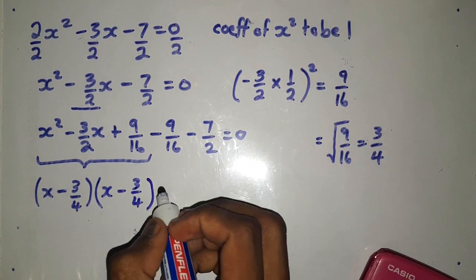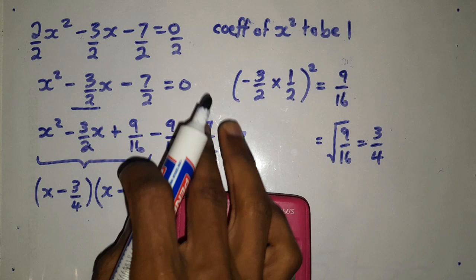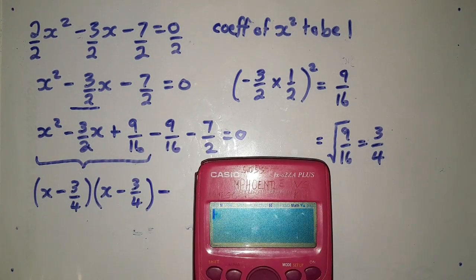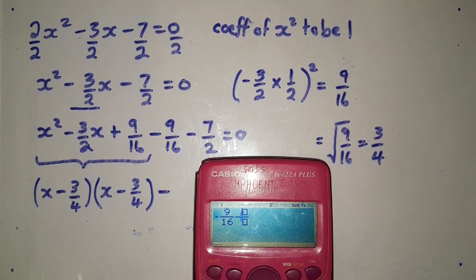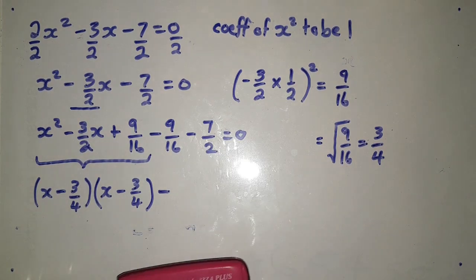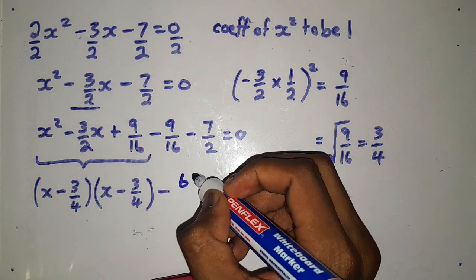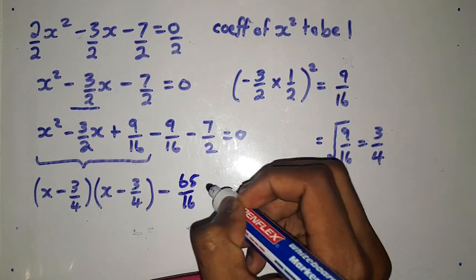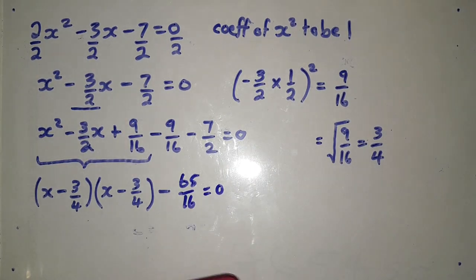You close, minus. For this one, you can just use your calculator. Minus 9 over 16 minus 7 over 2. See, what do we get? We get minus 65 over 16 equals 0.